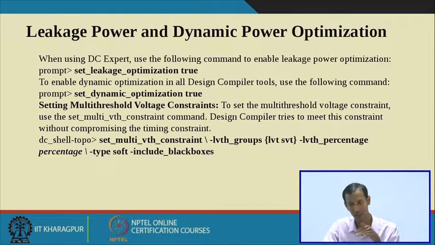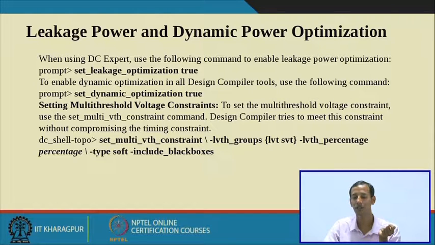The same thing you can do with set dynamic_optimization true. So the dynamic power savings mode will be on. If it is false, it is off; if it is true, it is on. Then, how can you set the multi-threshold voltage constraint?